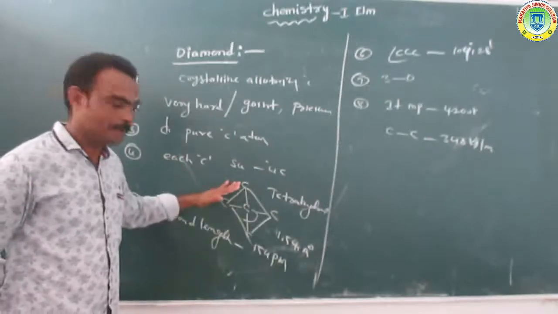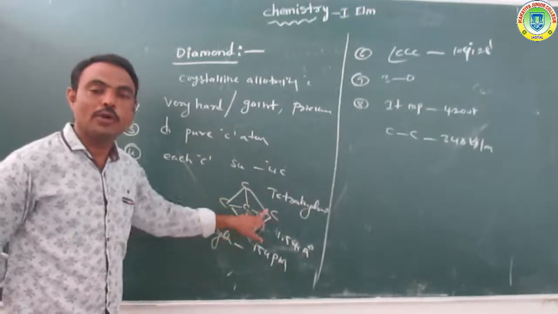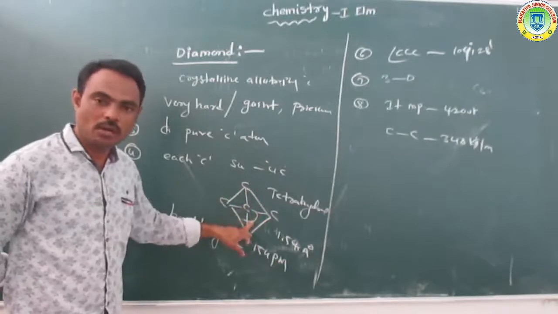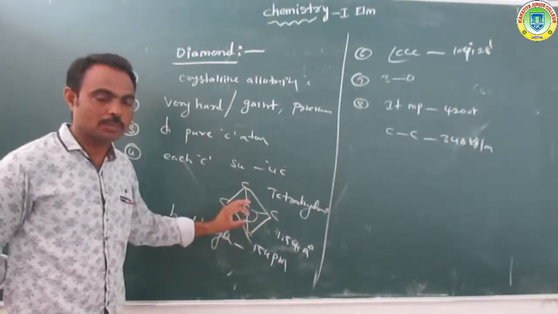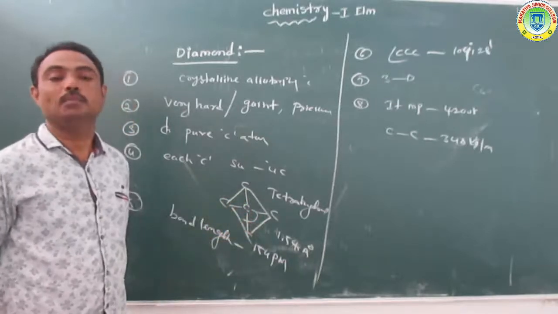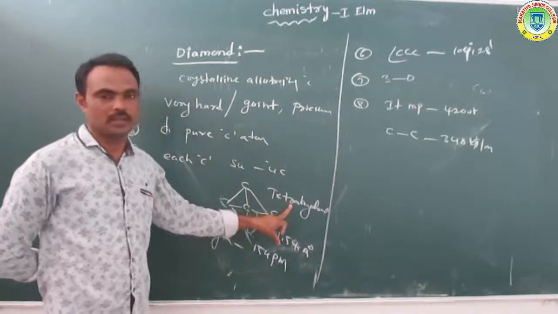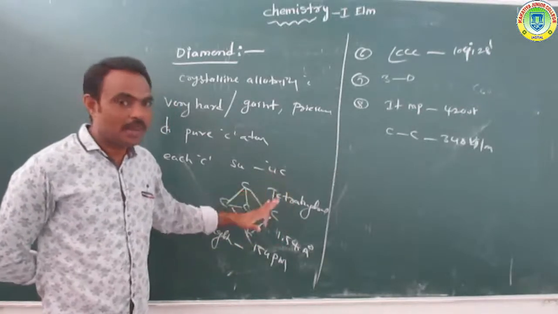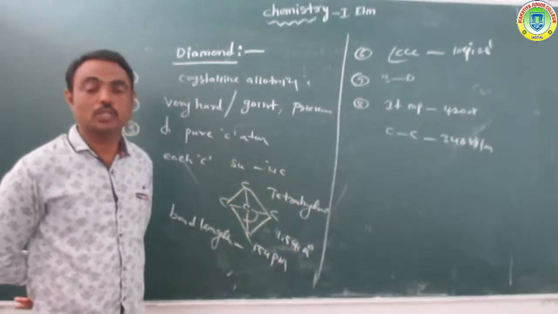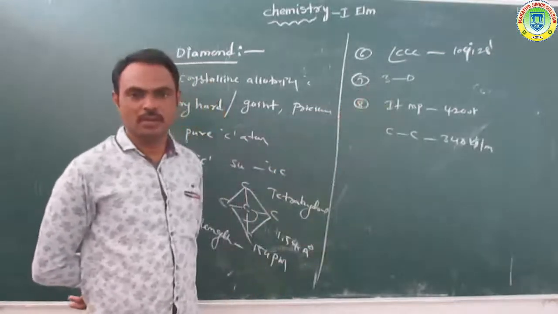In diamond, each carbon atom is attached with the surrounding 4 carbon atoms with a single bond or sigma bond. Sigma bonds mean very strong covalent bonds. Overall, they form a tetrahedral structure. Diamond contains a number of tetrahedral structures, so carbons spread to form a 3-dimensional structure.